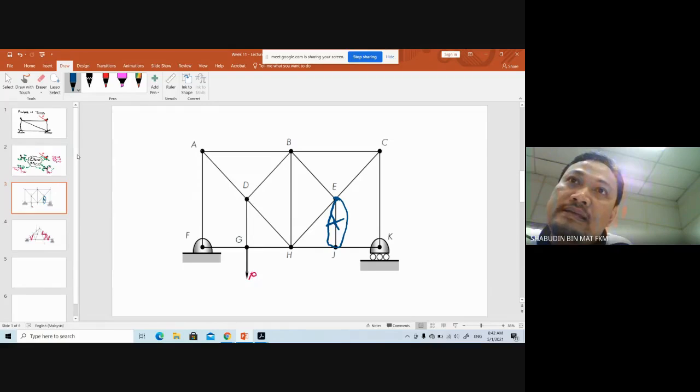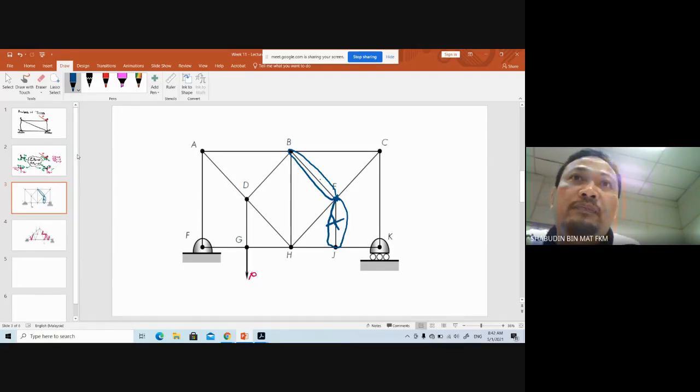C, E, H is aligned. You have another structure there. So that one is 0 also. Because you have 3 structures, and that one aligns with that one, so that one doesn't carry any force. That one is 0.